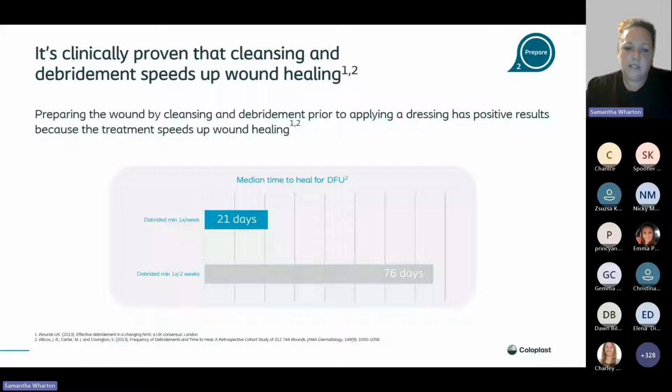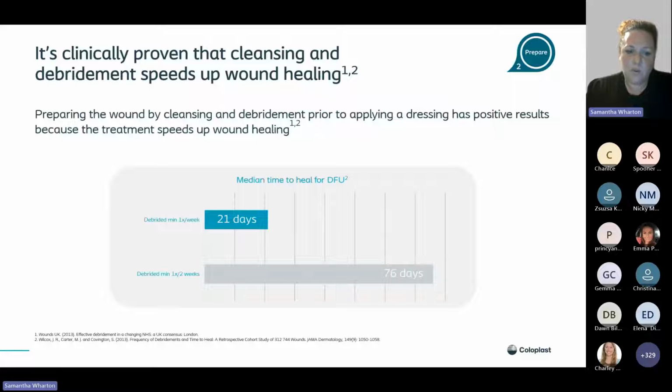This is a really interesting study. It was a retrospective study of 313,000 wounds, and it illustrates that the more that you cleanse and debride your wounds, the quicker the wounds heal. Out of these 300,000 wounds, they looked at just the diabetic foot ulcers, and they found that if a wound was debrided once a week, the mean time for that diabetic foot ulcer to heal was 21 days.